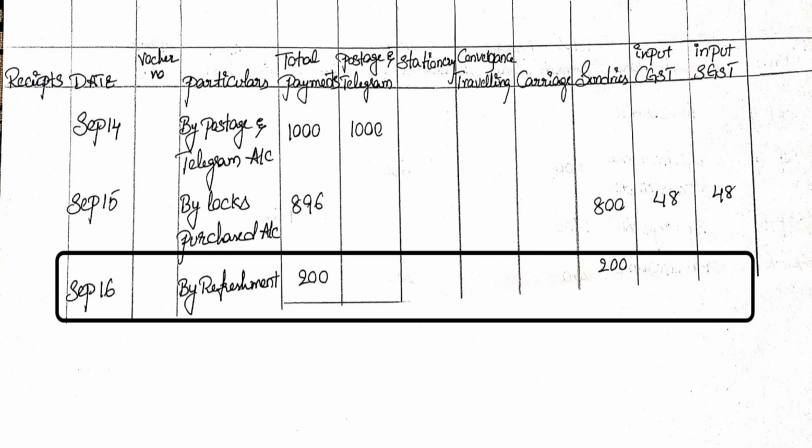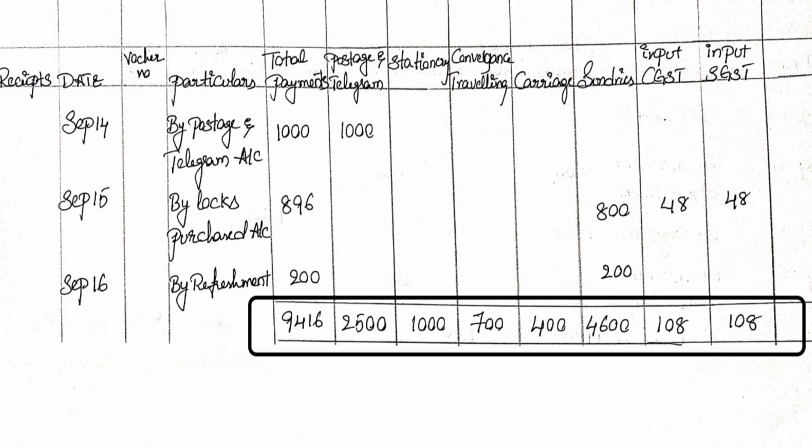And now we have posted all the transactions into the petty cash book. We will add the amounts in each and every category. The total amount for the total payment column is 9,416. So this is the total spent amount for the particular period. And the total amount for the postage and telegram column is 2,500.